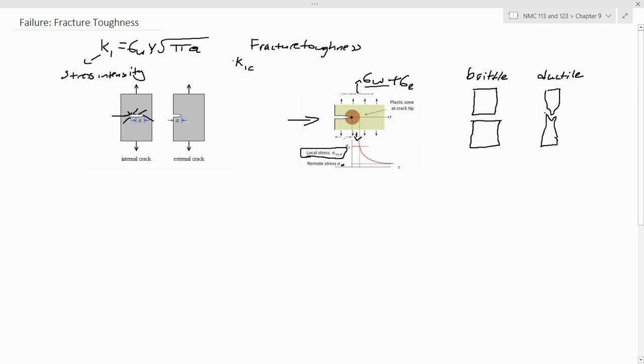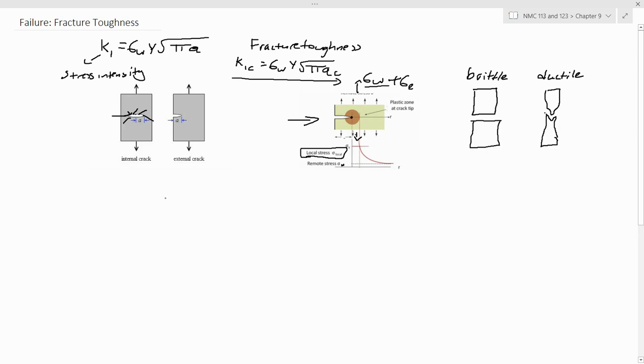So the K1C value represents the stress intensity that will result in the material fracturing. This would be at a specific working stress, right? And a specific critical crack length. This is when the material will actually start to fracture.